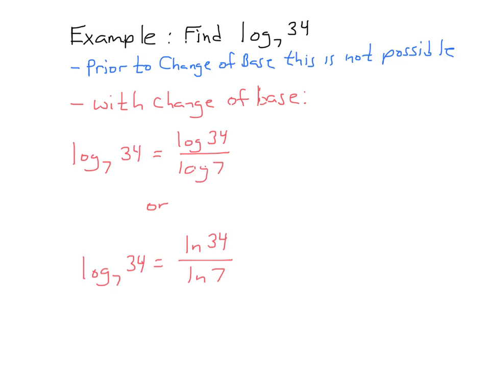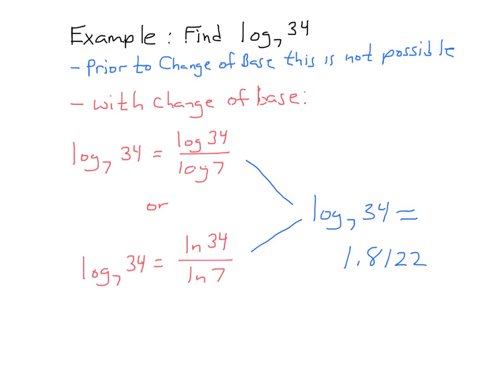And once we have it in that form, I can now put either one into my calculator. And when I do that, I am going to find out that the log base 7 of 34 is about equal to 1.8122.